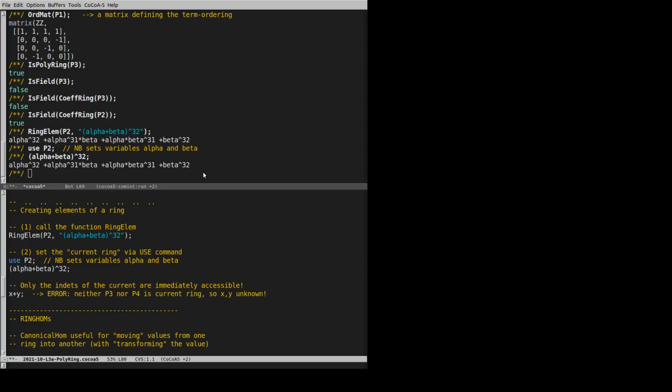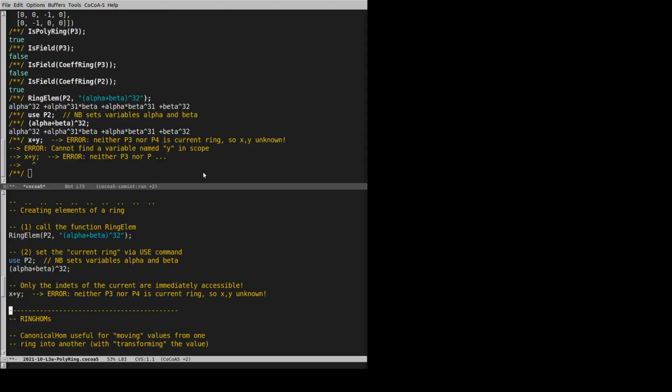Now we created 4 rings earlier on. Two of the rings had both x and y as indeterminates. But if I try to evaluate x and y now, CoCoA will complain, saying, in this case, it tried to evaluate y first, and then it says, cannot find a variable named y in scope.